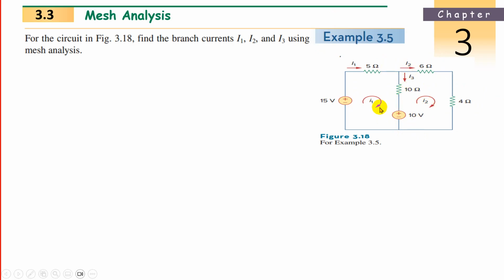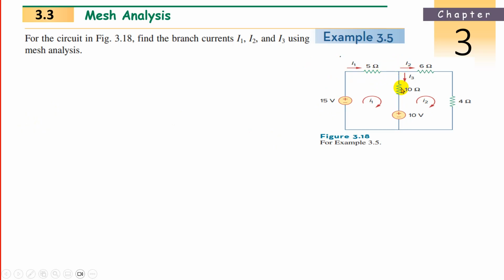Next we have to form the loops, first loop and second loop. For the first loop, what equation can we write? Because the current I1 is leaving from the plus, it is minus 15. Current is entering the 5, so plus 5 times I1.